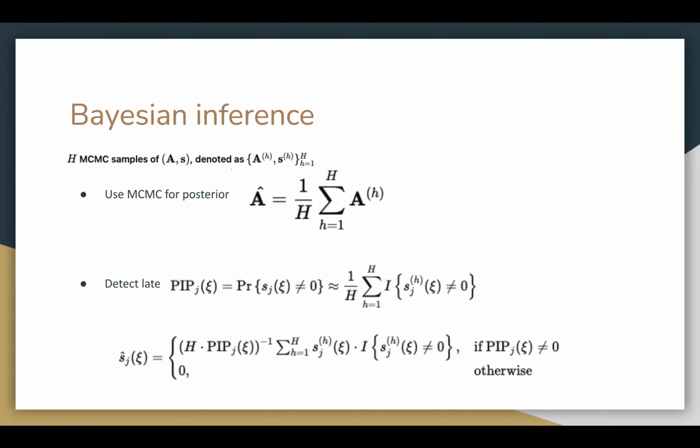It's a sample from the Gaussian precision, small h. It's a function, not an indicator function. So it doesn't have to be sparse. It's a continuous function, but it can be equal to zero. So we're just checking whether it's not equal to zero.